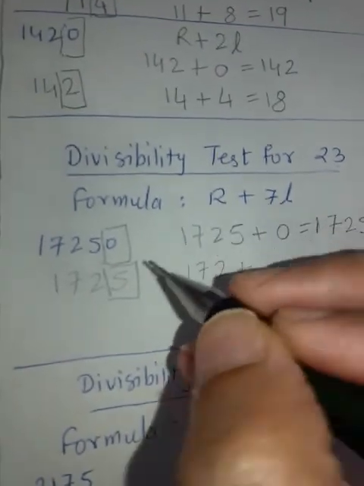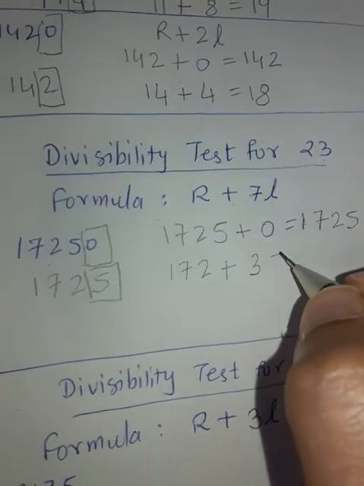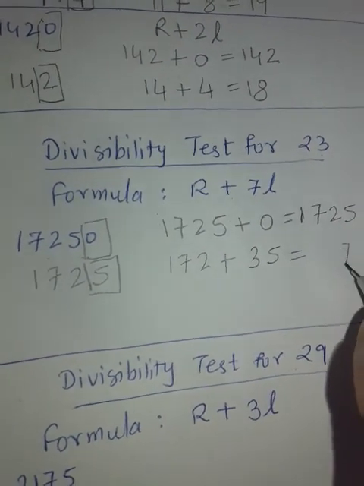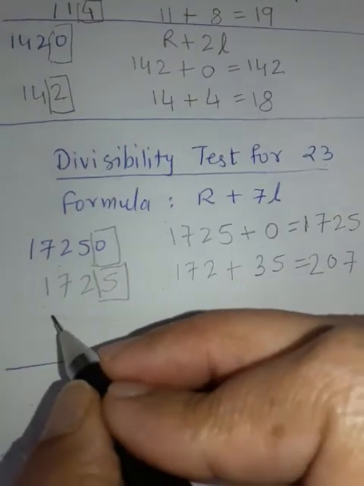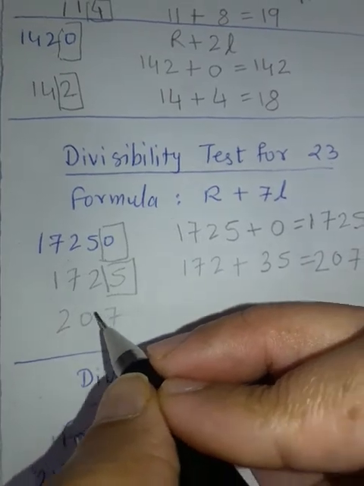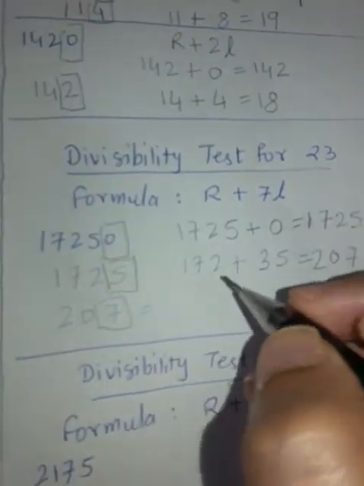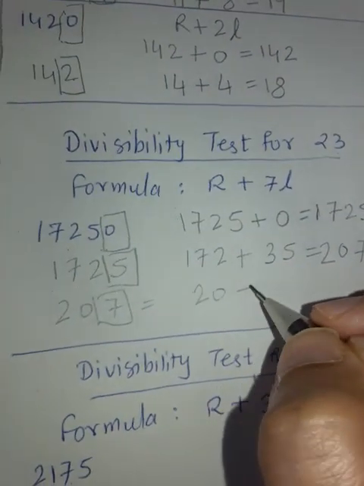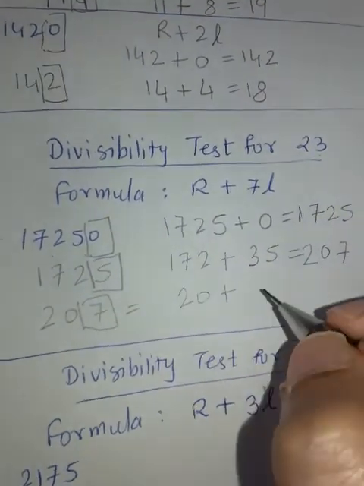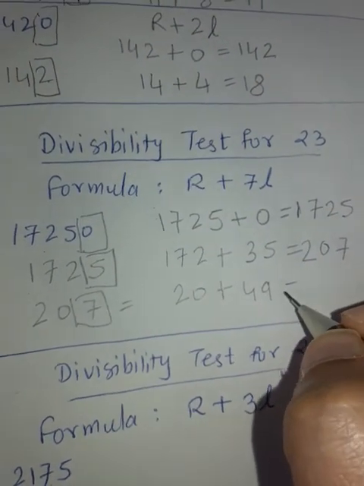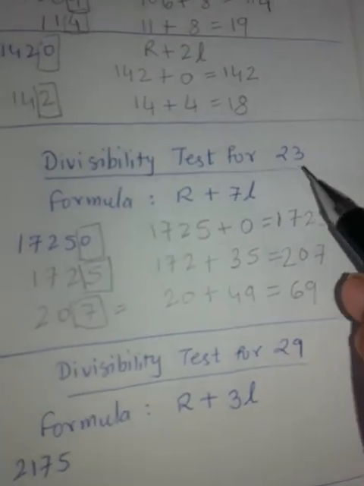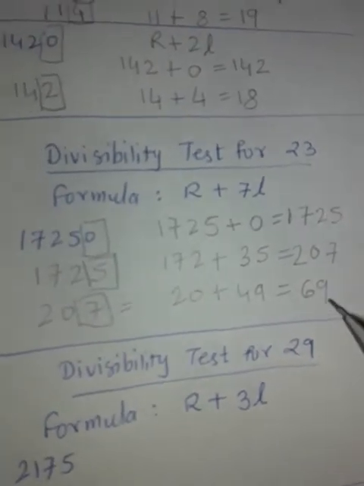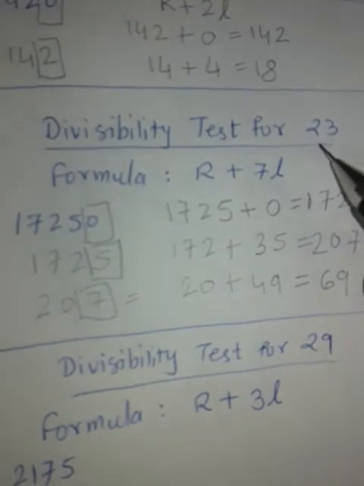172 plus 7 5s are 35. Sum is 207. Remaining number is 20, 7 sevens are 49, this is 69. 23 threes are 69, so 69 is divisible by 23.